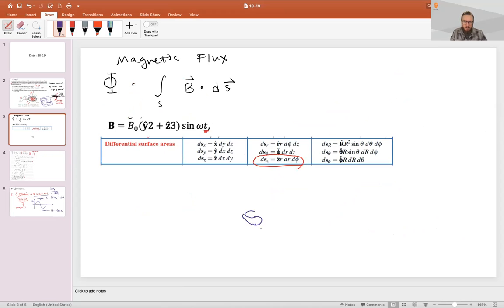Let's see here. Right, and these fingers curl from plus to minus.